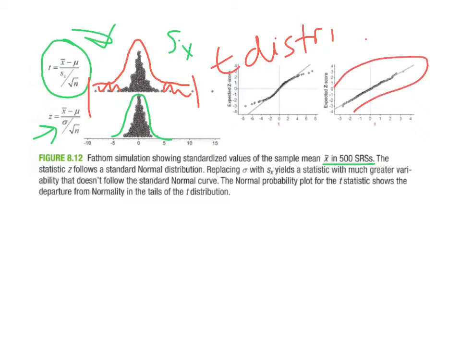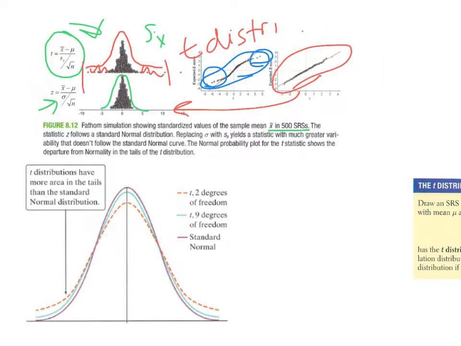This one right here is using the standard deviation of the population, and the first one is using the standard deviation of the sample, which is this one here. So you can see it has a bigger spread and a little bit more area under the tails. You can see that when you layer these curves on top of each other.